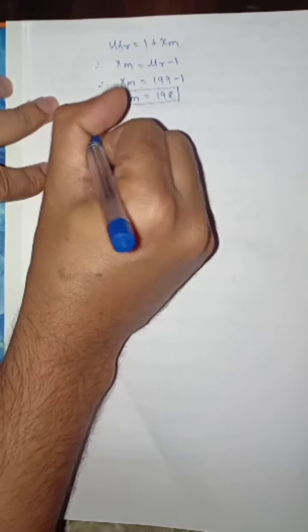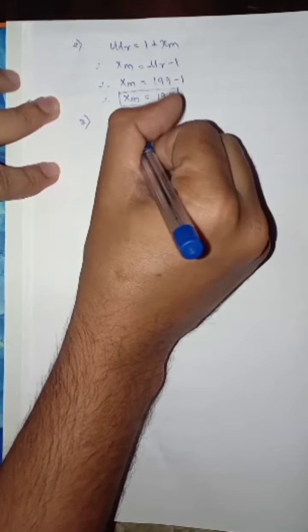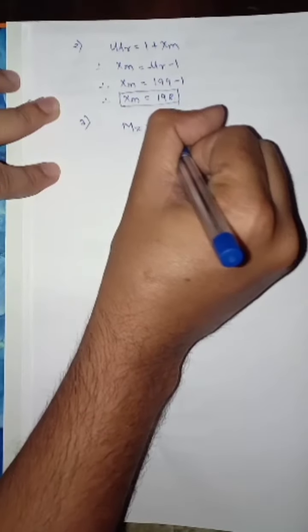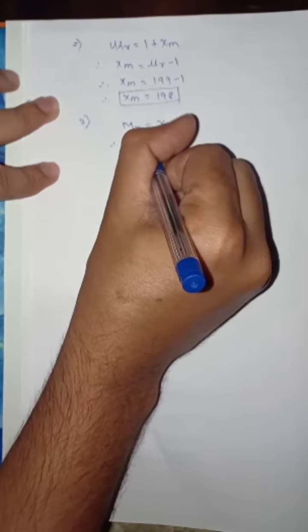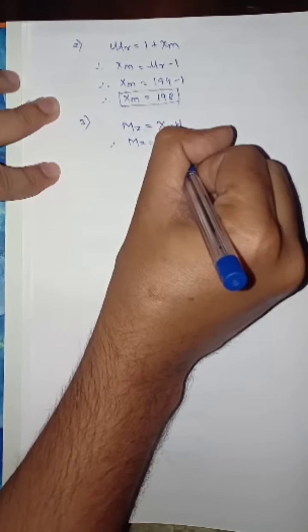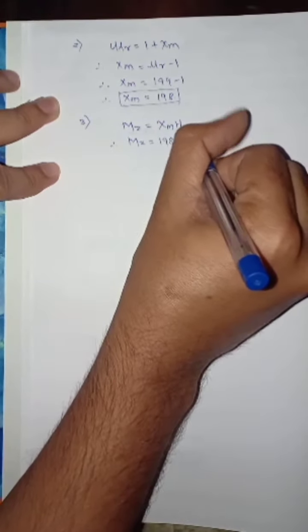Okay, and now finally we have to find out magnetization, which is our third question. Third, the magnetization of material is given by M is equal to chi m into H. Therefore magnetization M is equal to 198 into H, which is 4000.